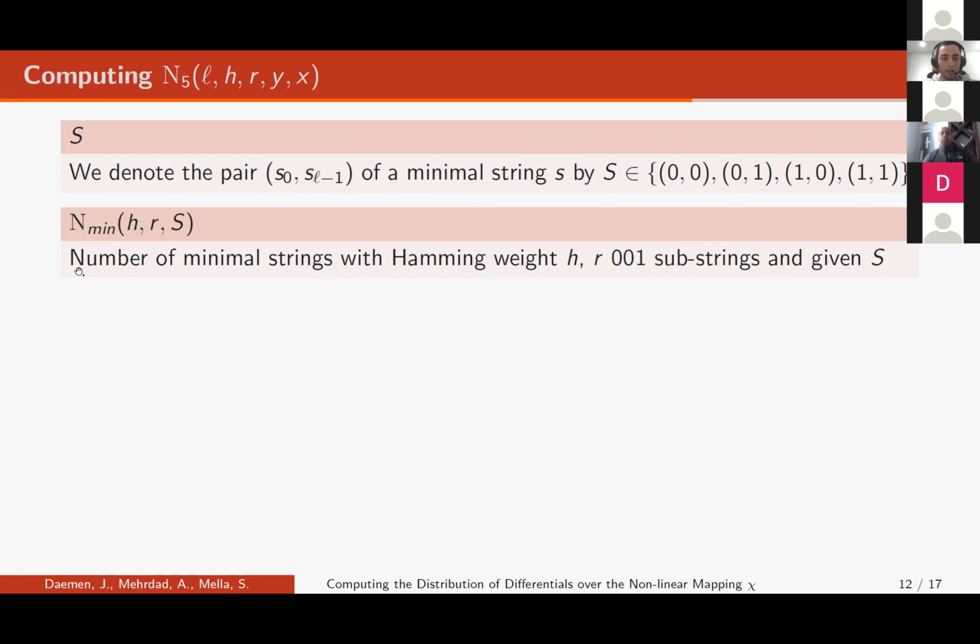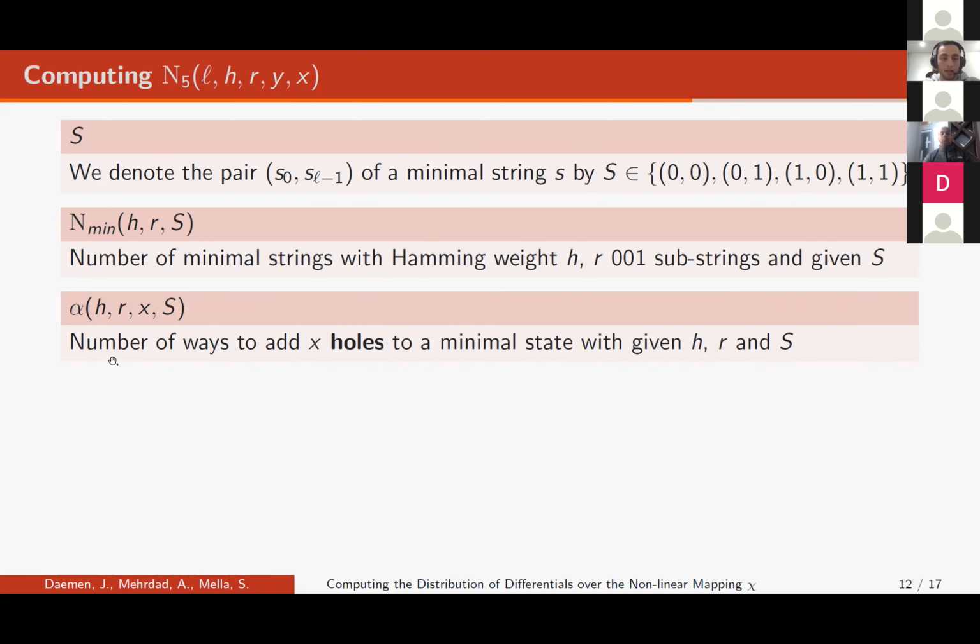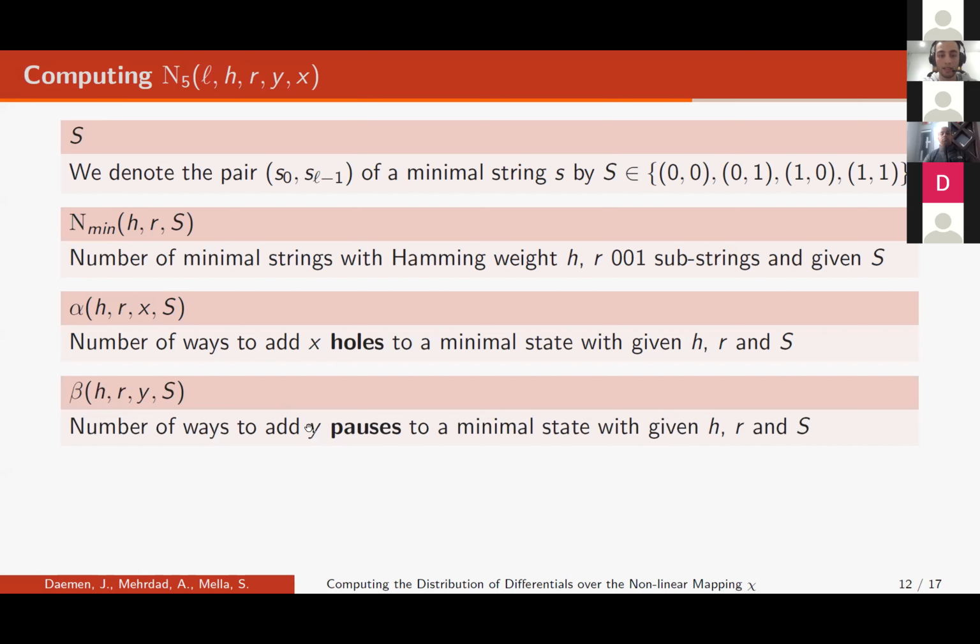Okay, and then from that, we define another function that is nmin(H, R, S), and it gives the number of minimal strings with Hamming weight H or 001 string and given S. And then the number of ways that we can add X holes to this minimal string can be computed with another function called alpha, and the number of ways that we can add pauses to the minimal string is called beta.